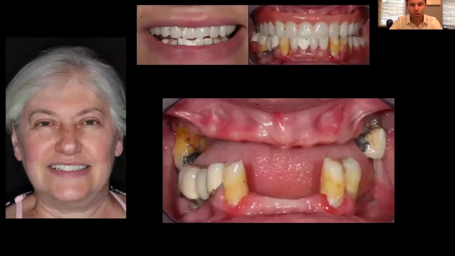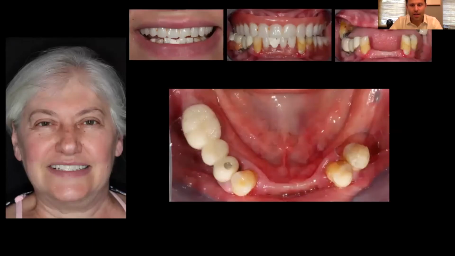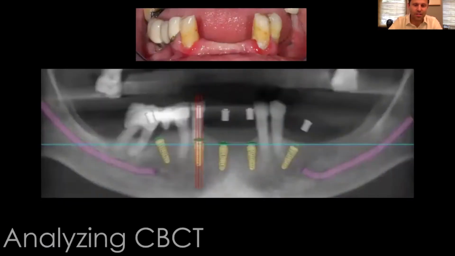So this is what she looks like. She has some teeth, she doesn't have some teeth. Obviously, in this case, I will use a tooth-borne surgical guide, but I will also at the same time extract teeth. So I'll show you the design of that.